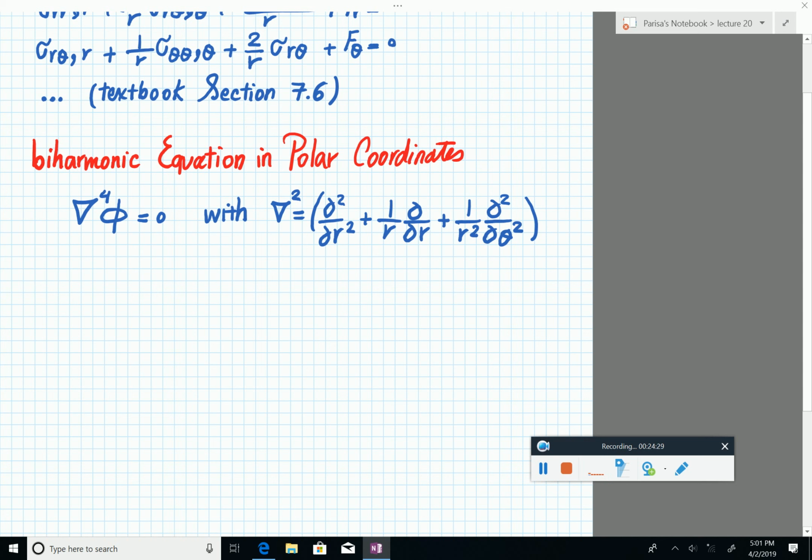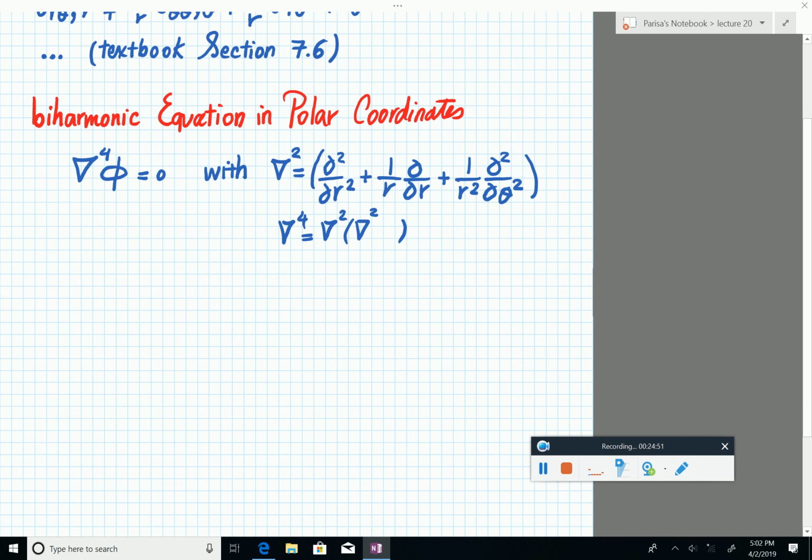And with this definition, just like in Cartesian coordinates, we define the Laplacian to the power of 4. Okay. So now we have that.